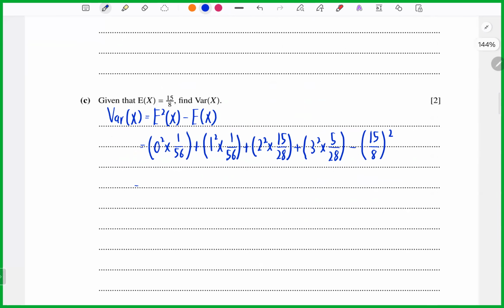Okay, so now we start to calculate. So 1 over 56 plus 4 multiply 15 over 28 plus 9 multiply 5 over 28.